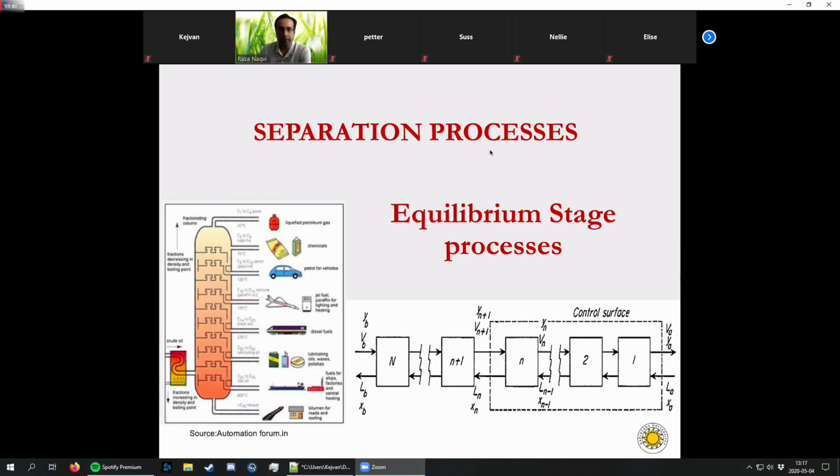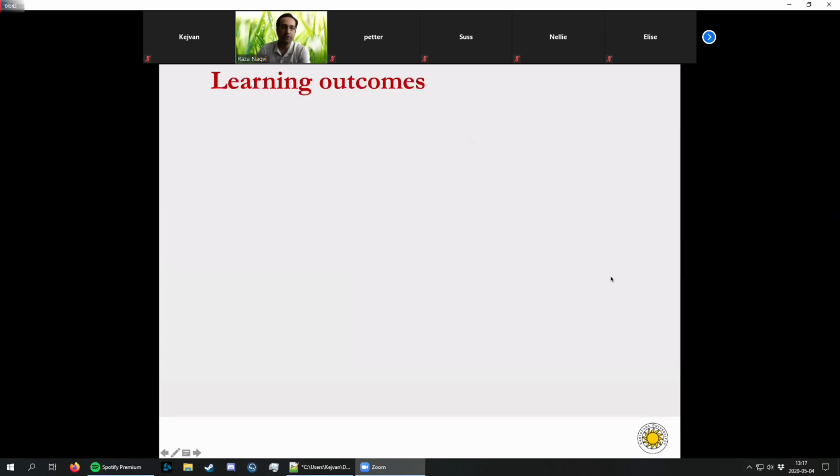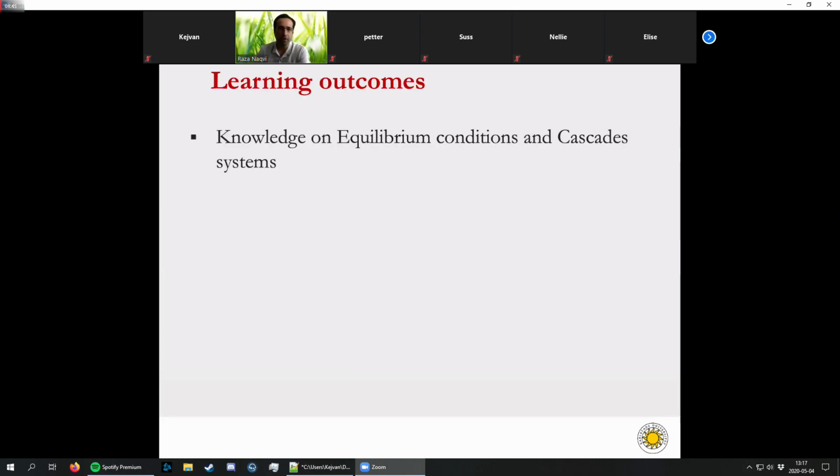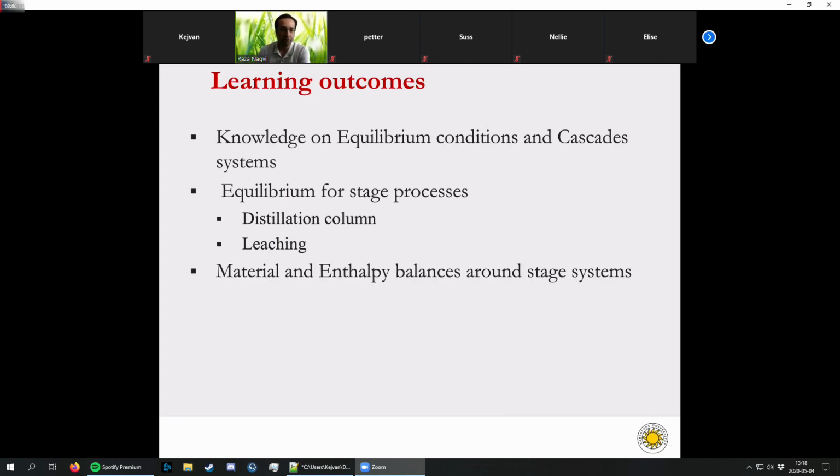The main learning outcome from this discussion is that we will try to develop our knowledge of equilibrium conditions and cascade systems. I will very briefly discuss the equilibrium for stage processes in the case of a distillation column. You have already discussed the equilibrium for leaching processes, and I will show you how we can perform material and energy balances in stage systems.